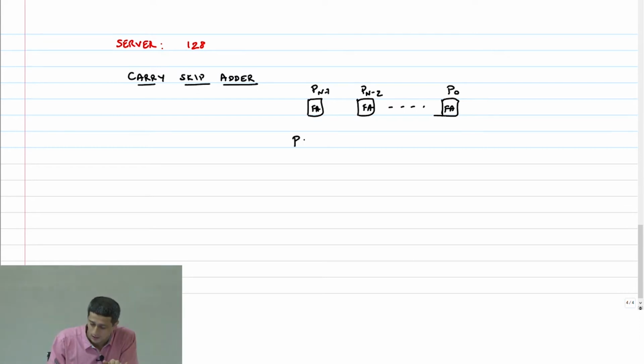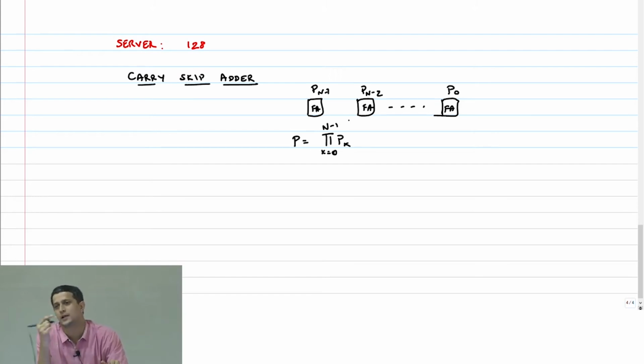And create a signal called P equals product of Pk, k from 0 to n-1. Which means that if all the adders are in propagate mode, all I have to do to get the C out is to bypass the entire adder path and take C in to the output. Right? That's what propagate means. If every adder, that's why we're using an AND condition there. If every adder is in propagate mode, carry out equals C in.